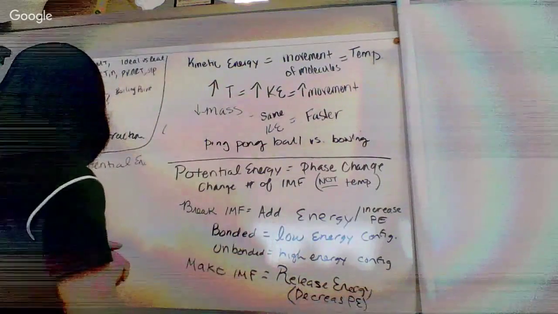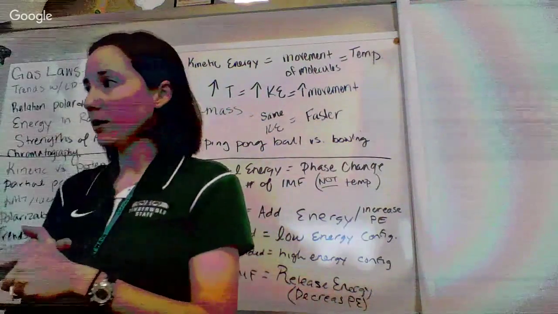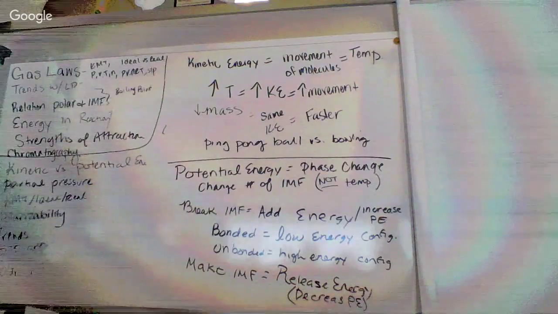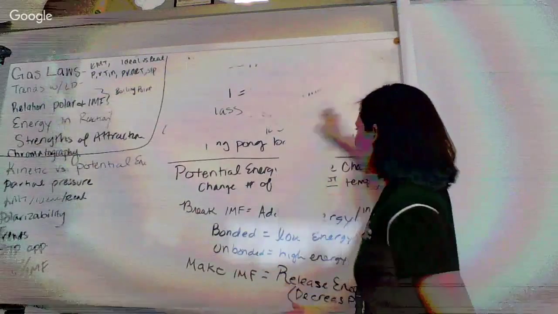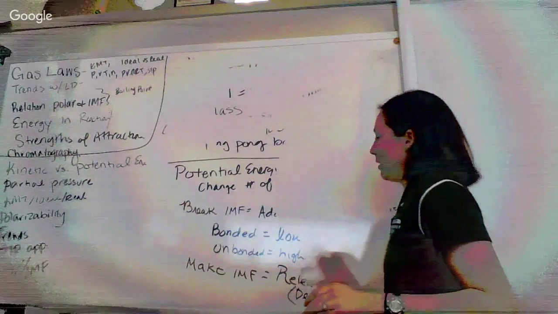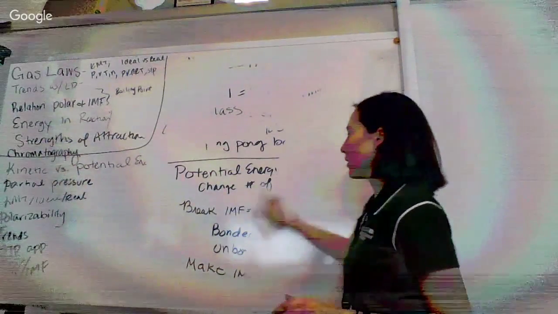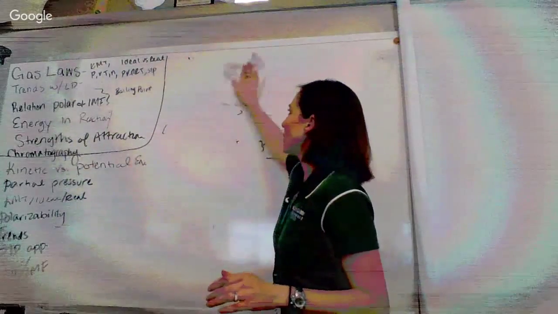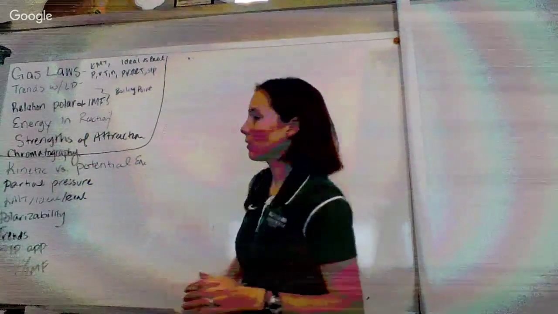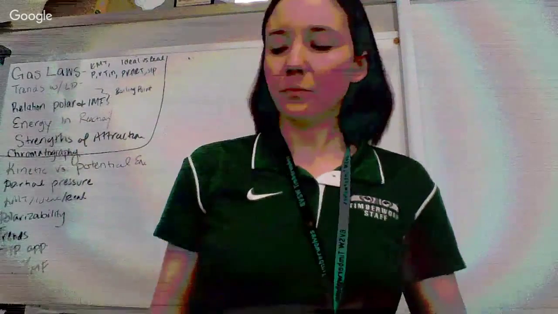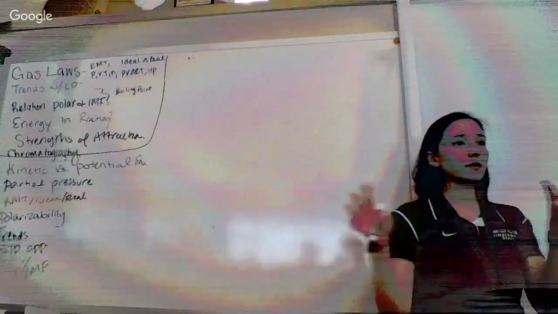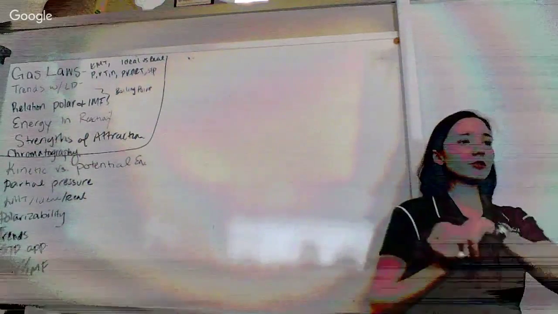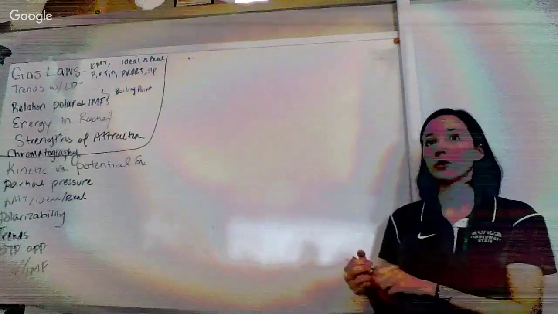So I'm going to erase this and we're going to talk about partial pressure for a minute. There's not a lot I want you to know about partial pressure for this test, other than just understanding the concept behind it. So partial pressure is the idea that the sum of your pressures are going to be equal to your total pressure.